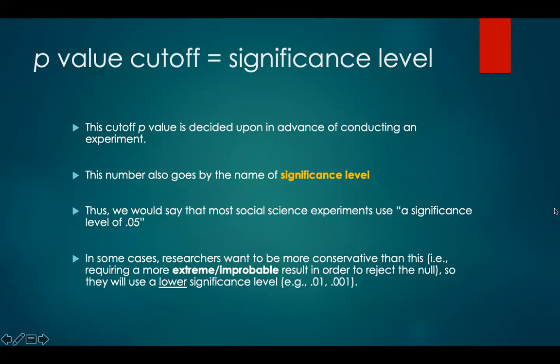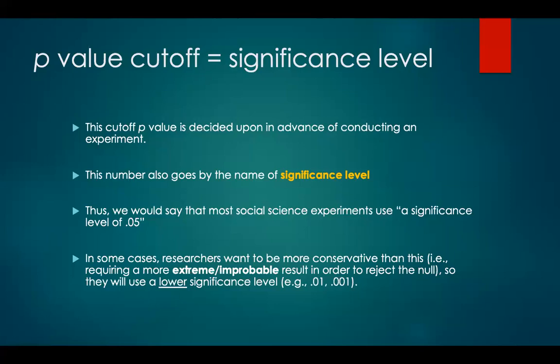Now the cutoff p-value is decided upon in advance of conducting an experiment. So that means setting it at 0.05 is determined before actually collecting data. This number also goes by the name of the significance level. So we would say that most social science experiments use a significance level of 0.05.